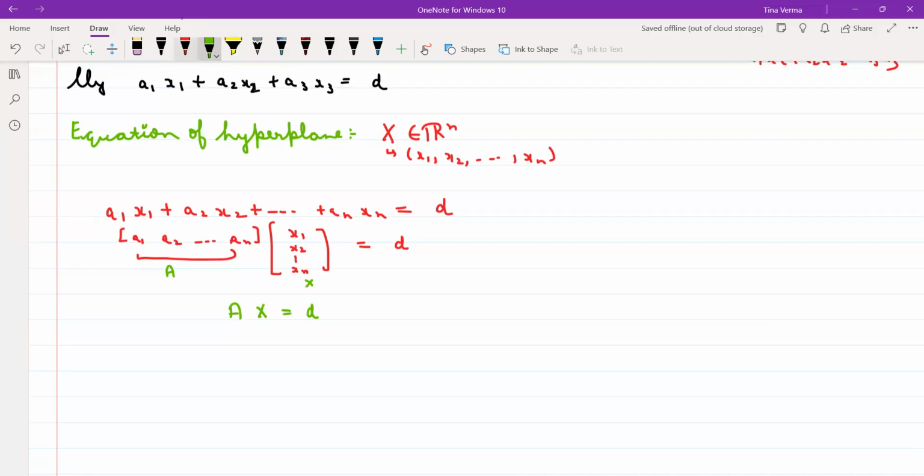Now that we have discussed the equation of a hyperplane, I am writing the set of hyperplanes. The set of hyperplanes means all those points x belonging to any dimension, except R3, such that Ax is equal to d. This is what you did when we converted constraints to standard form: first constraint equal to b1, second constraint equal to b2, third constraint equal to b3. We have done this. That means what you have written is actually the equation of hyperplanes, where a1, a2, an were scalars, written like 2x1 plus 2x2 plus 3x3 plus s1 is equal to 4.